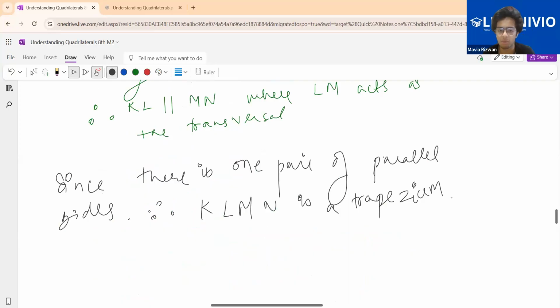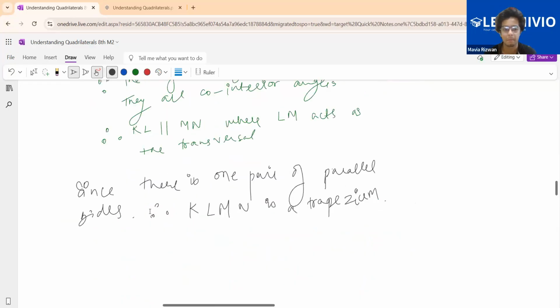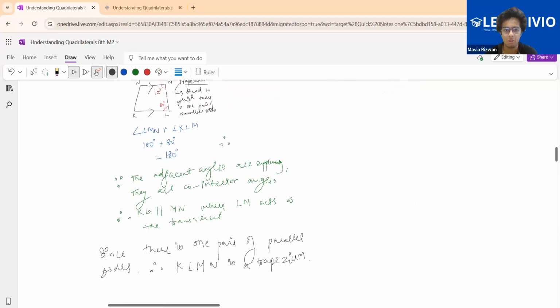Is this clear to all of you? Vinisha, Priyanka, Aman, Abu Bakar? Yes, sir. Please note this down.